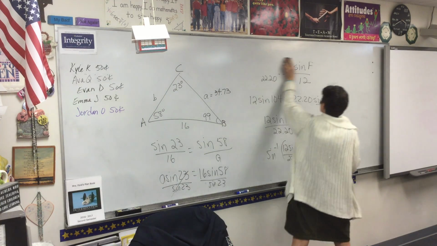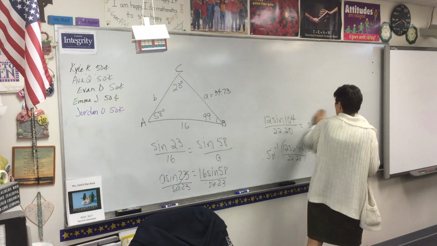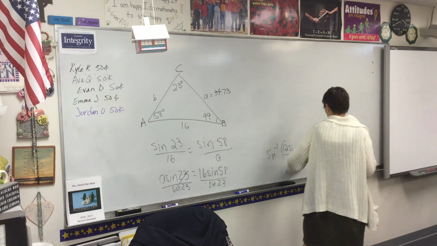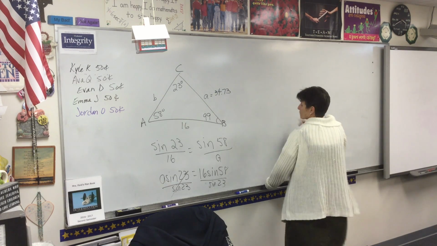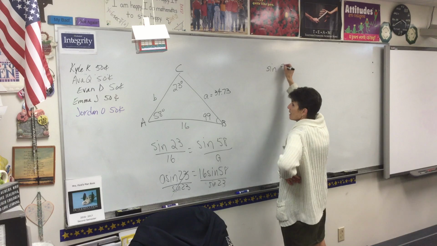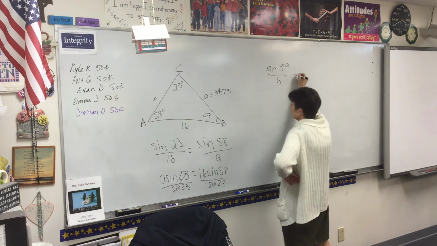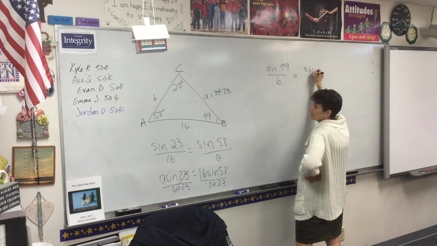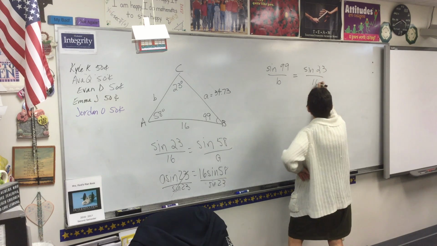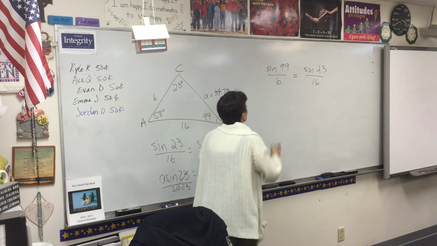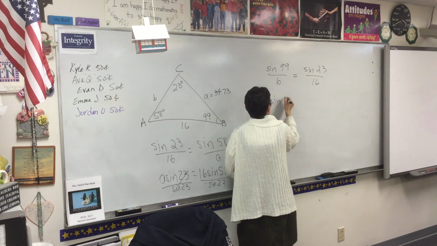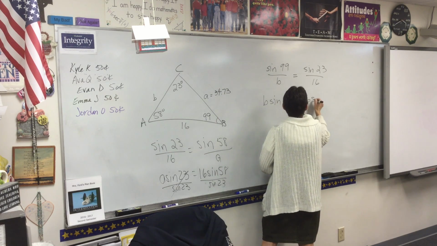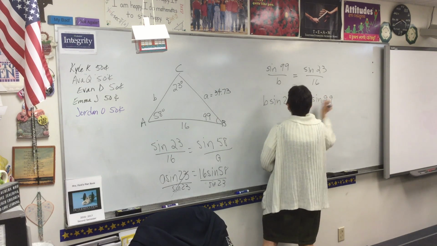So I gotta redo it with the law of sines. Sine 99 over B equals sine 23 over 16. So B sine 23 equals 16 sine 99.